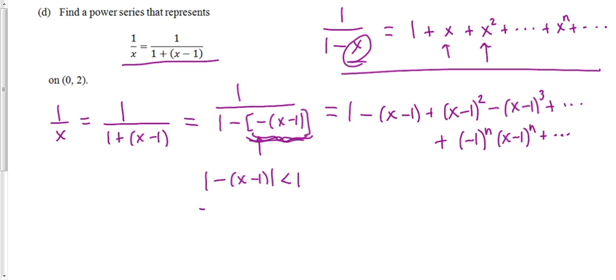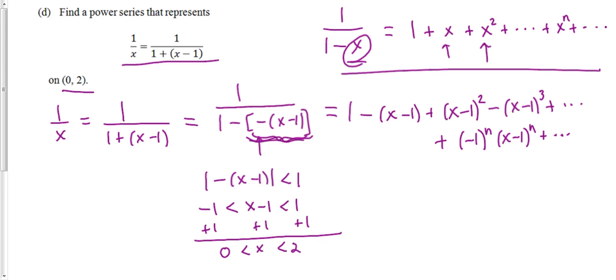So that tells me that negative 1 is less than x minus 1 is less than positive 1. And when I get the x all by itself, that means that I'm going to add 1 to all parts of this inequality, and I'm going to get 0 is less than x is less than 2, and that is the interval of convergence that I was given at the beginning.